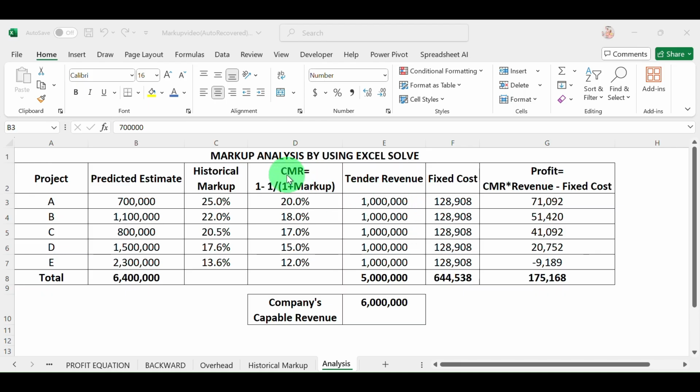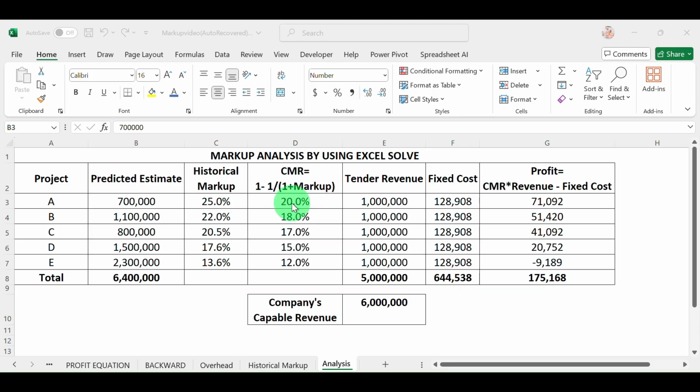the contribution margin ratio, we use the conversion from markup. It's the same as how to calculate markup from CMOR. We can infer back from markup to calculate CMOR by using this calculation formula.